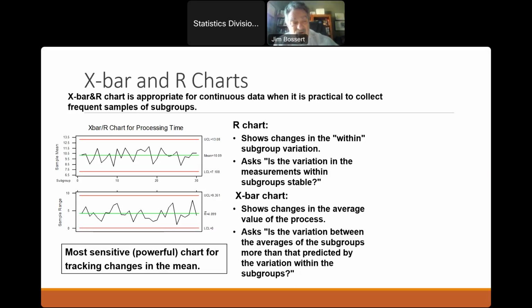Now, why is this important? Well, with the XBAR chart, we're looking for changes in the mean. This is the most powerful chart you can use. We say it's the most sensitive for tracking changes around the mean, because we can tell differences very quickly and can react quickly to them.